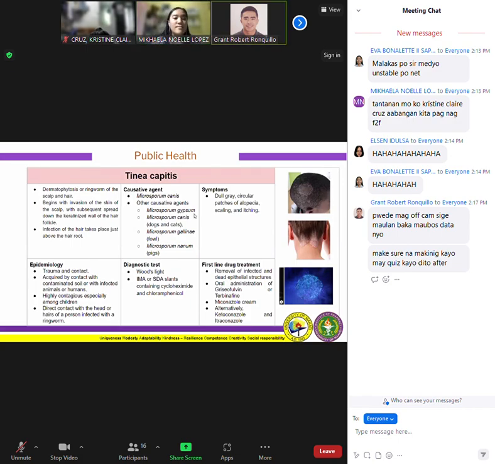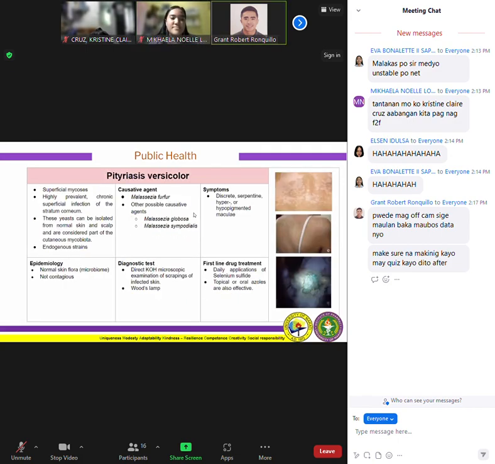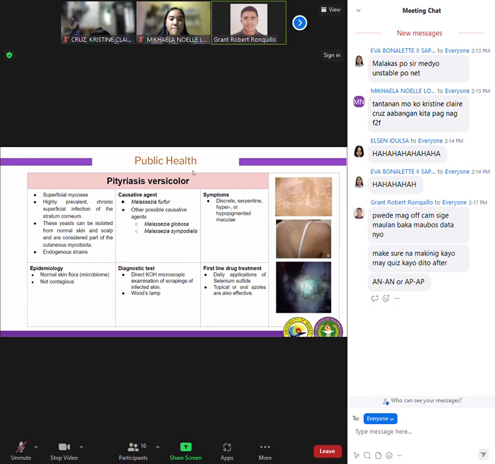Wait. Malassezia muna tayo. Okay. For the Malassezia furfur, ang common name ng mga to ay an or up. Hindi ko alam kung narinig na ninyo yung up pero ang an usually yan yung naririnig ko din. And then, sabi ni Miss Lopez, normally found dito sa ating skin. So, normal skin flora natin to.